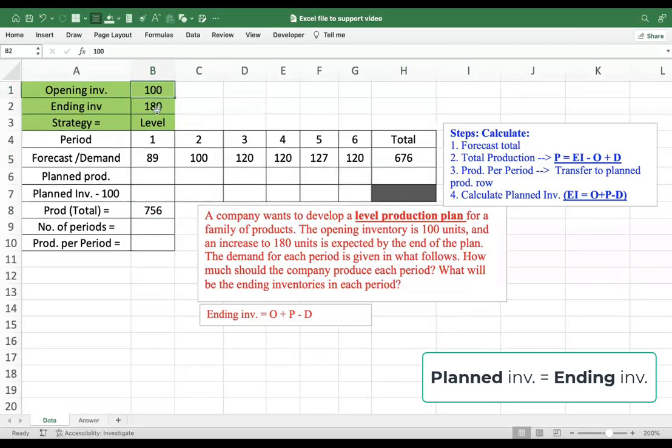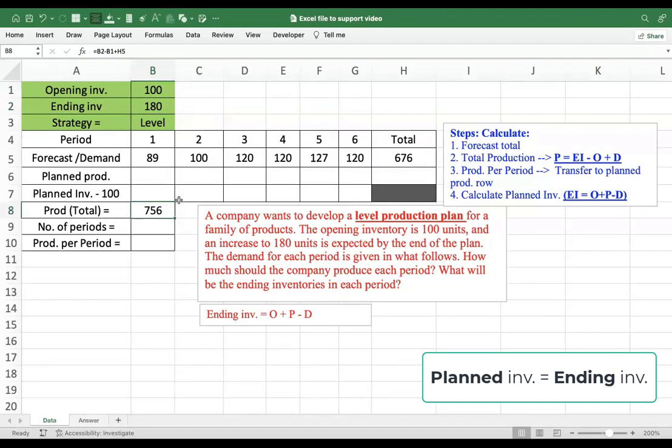When we accommodate these two pieces of information into demand, then our total production level would be 756. So we need to produce 756 units in order to meet these conditions. That's accommodating opening inventory, and making sure that we are left with 180 units.